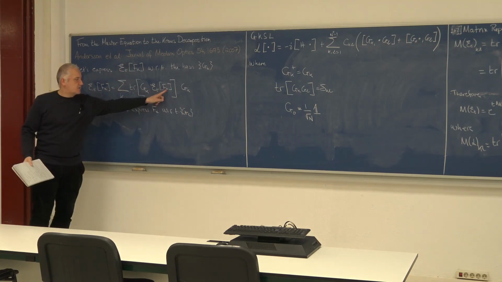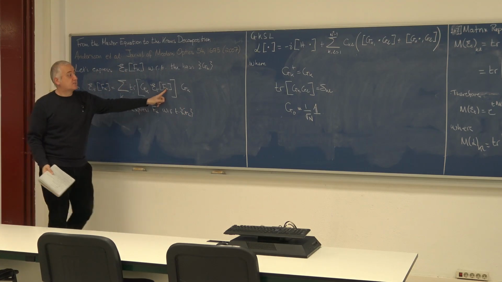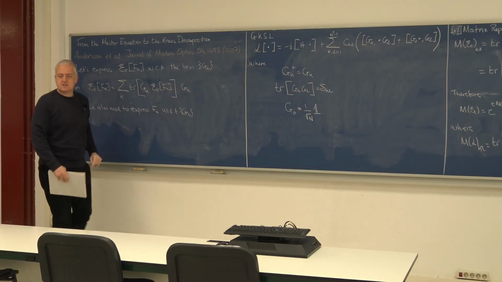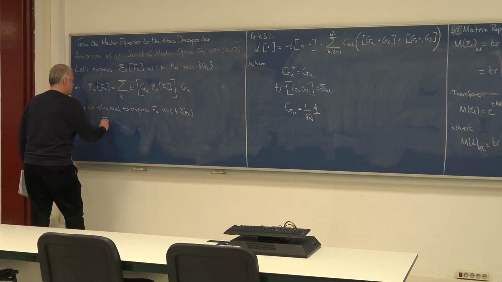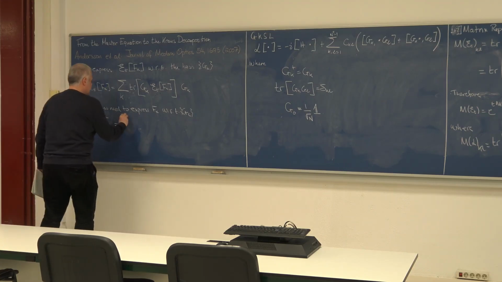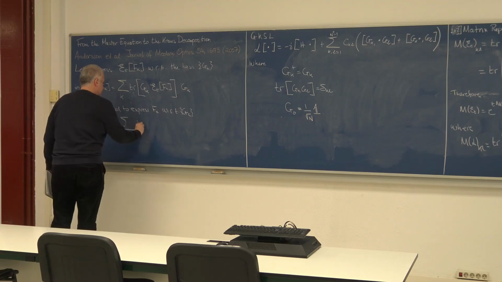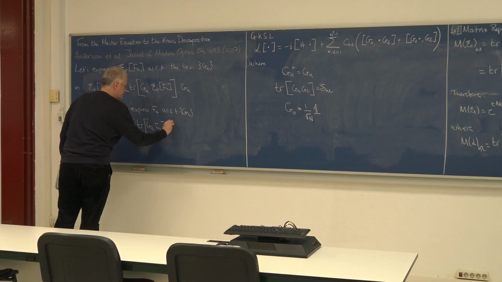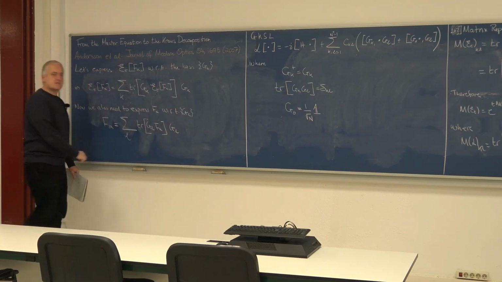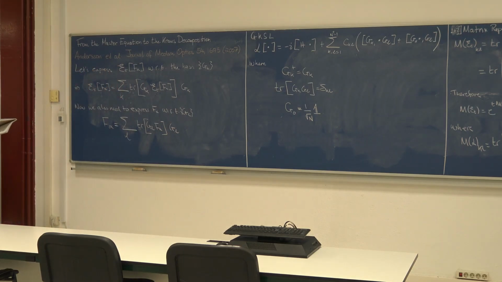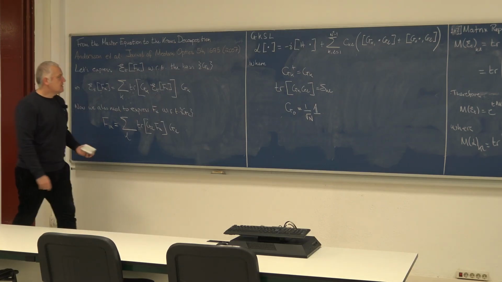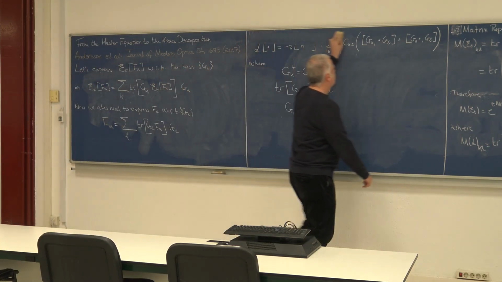The second step is to express whatever comes inside here, because my matrix representation is with respect to this basis on both sides. So I need to write f alpha as the sum like this. And now I simply plug everything in.